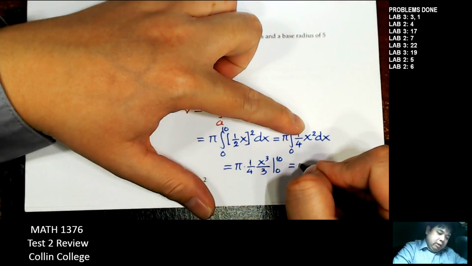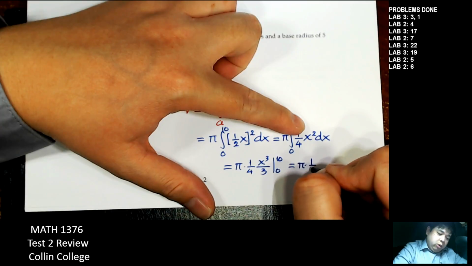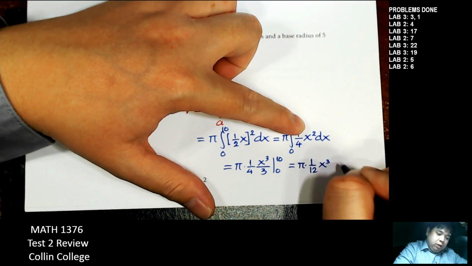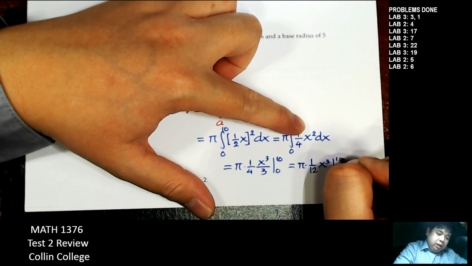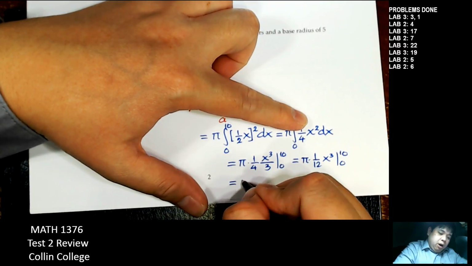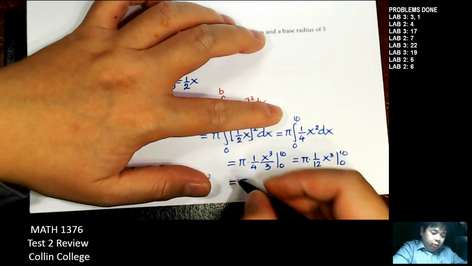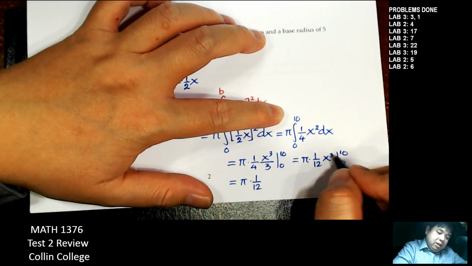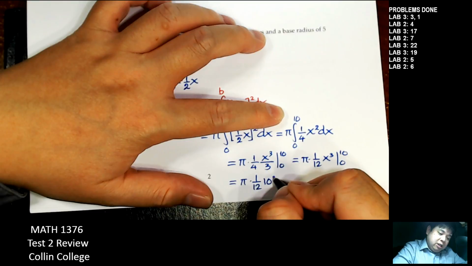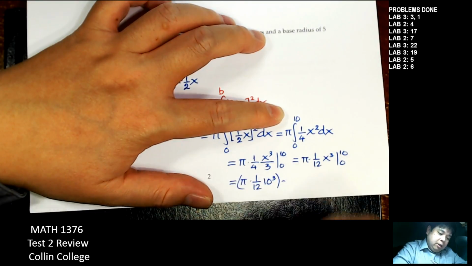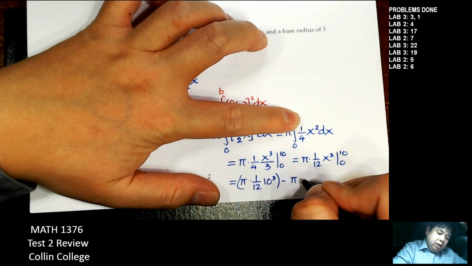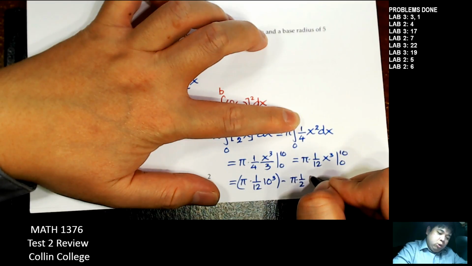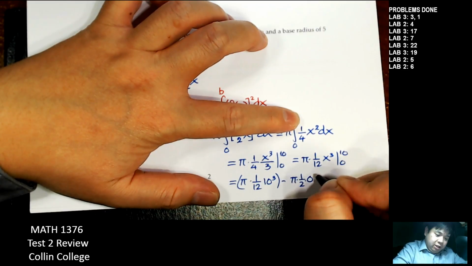So that will be pi times 1 over 12 x cubed from 0 to 10. Alright, so pi, and we have 1 over 12. I'm going to put 10 in it, we'll make 1000. And minus pi 1/12, of course, put 0 in it, we have nothing.